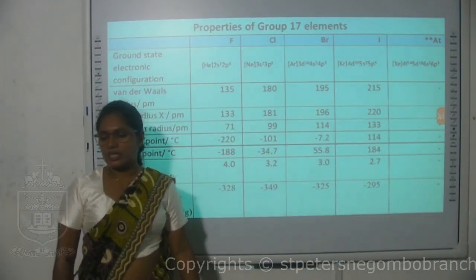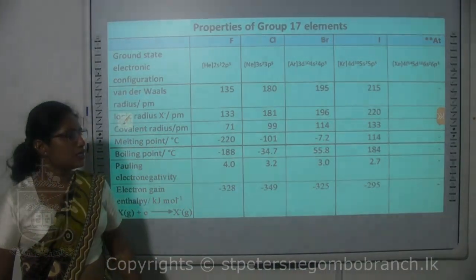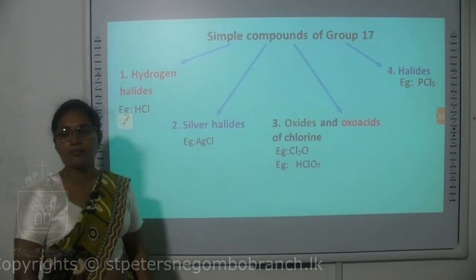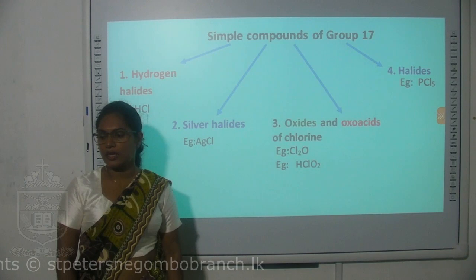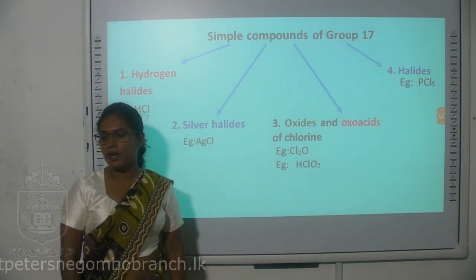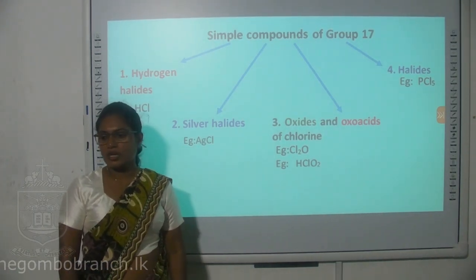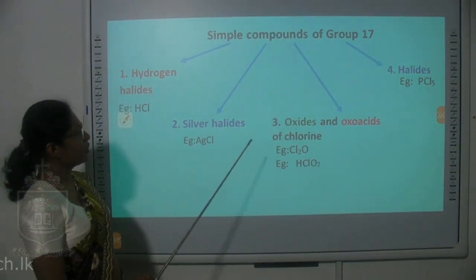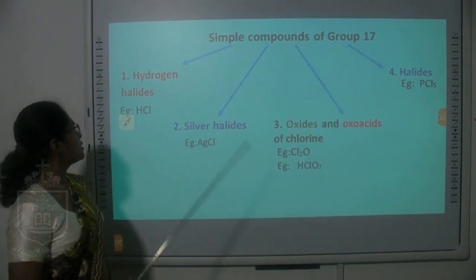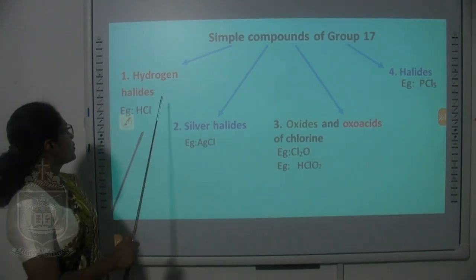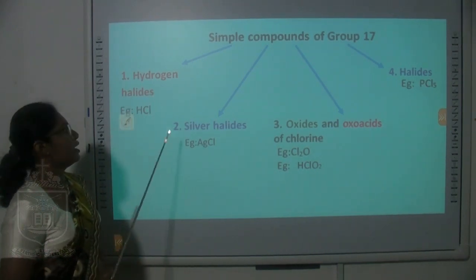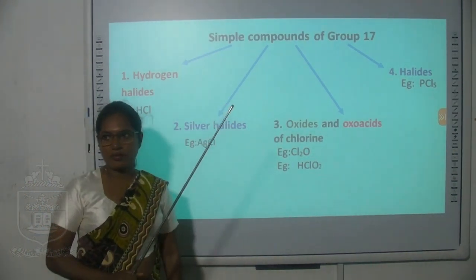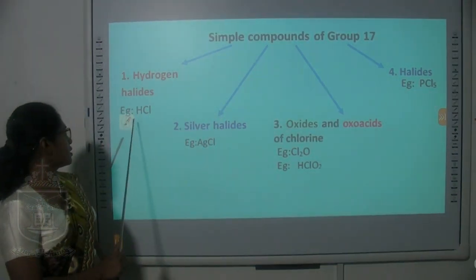Now in this lesson, there's another part we have to consider, which is simple compounds of group 17 elements. Under that part, we are going to study mainly 5 compounds. First one, hydrogen halides of group 17. I can give as an example HCl.